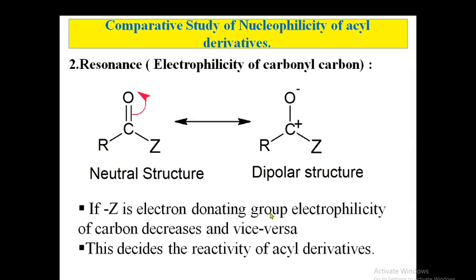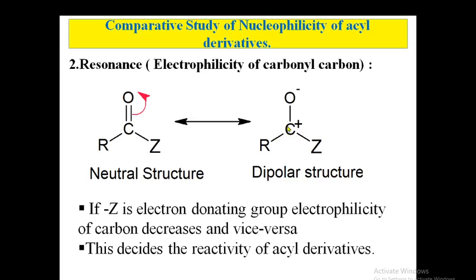If Z is an electron donating group, obviously this carbocation will get stabilized and the electrophilicity of this carbonyl carbon decreases. But if this Z group is electron withdrawing, the positive charge on this carbon is intensified and the electrophilicity of this carbon increases, and therefore reactivity also increases.